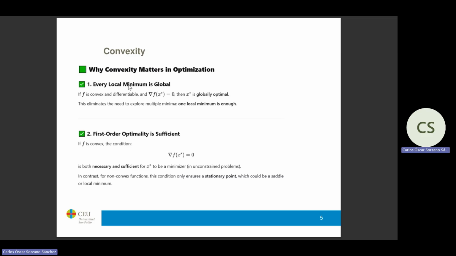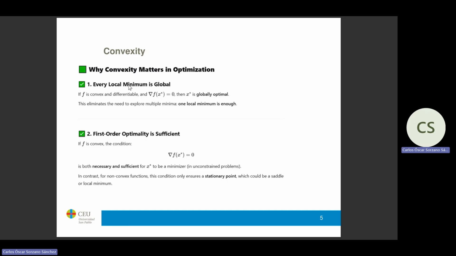And then first order optimality is sufficient. So it is somehow what we have said there. If f is convex and you find a point for which the gradient is zero, that is necessary, but it is also sufficient. So in the general setup, it is a necessary condition, but for convex functions, it is also sufficient.